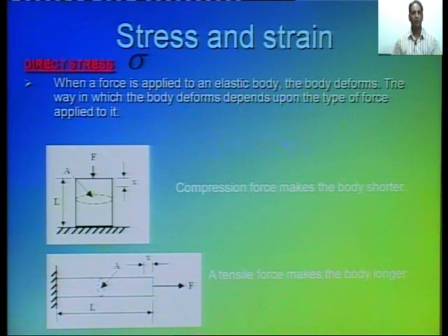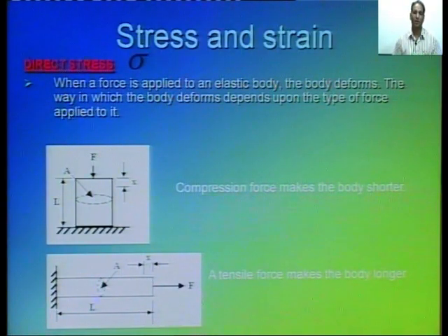If the body lengthens, that means there is an extension of the length of the body due to the force acting on it. This force is called a tensile force. Let us see both figures, which show the compressive force and the tensile force. In the bottom diagram, the tensile force acts on the body.